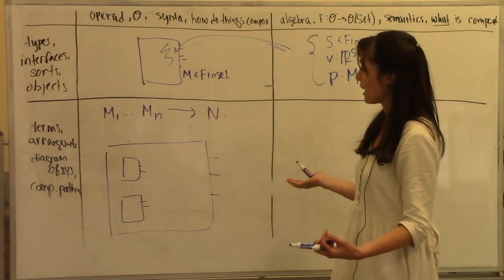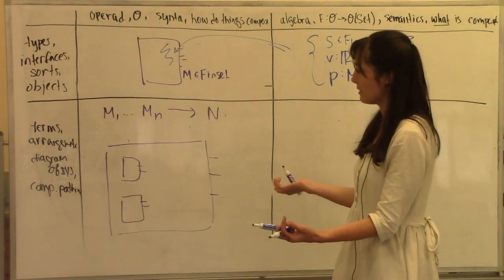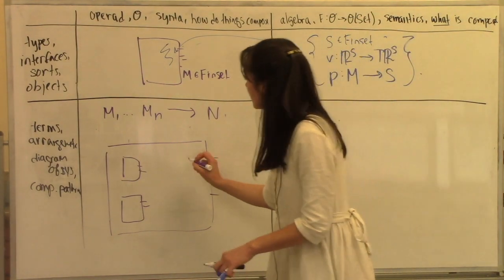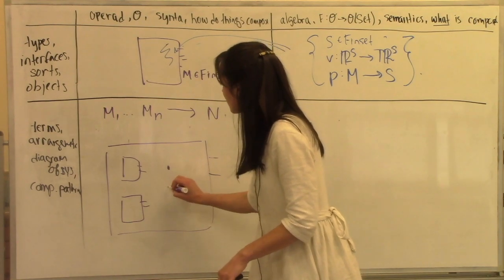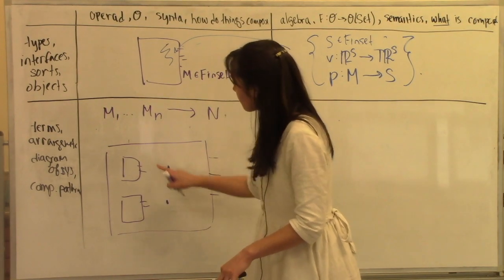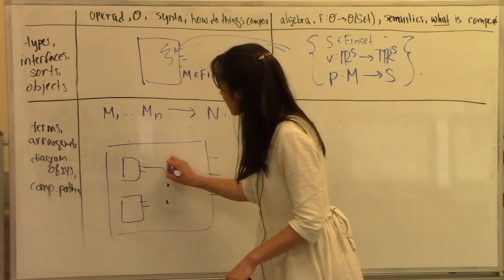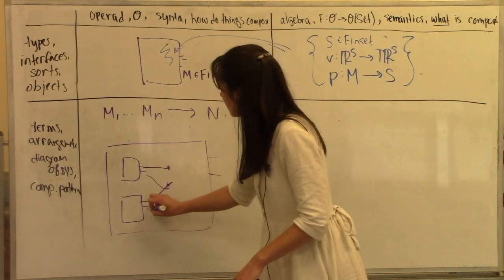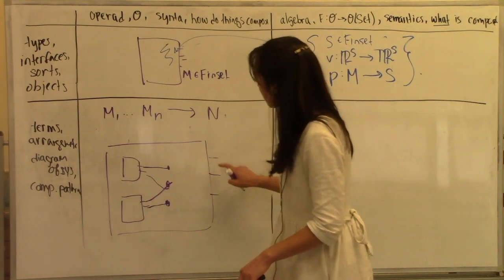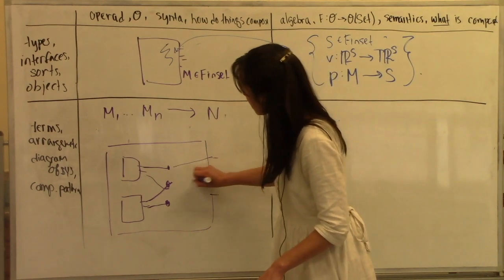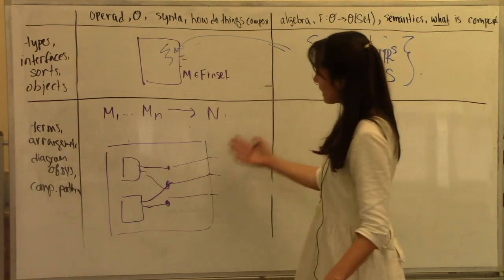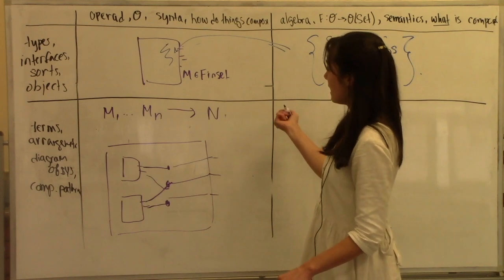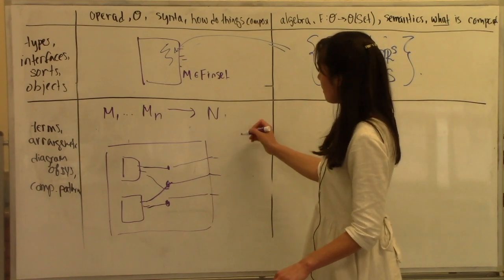What are the rules for how to define an arrangement of these? The rule is I'm going to give you some junctions. For each of these inner ports, I'm going to assign them to a junction. And each of the outer ports, I'm also going to assign to a junction. Mathematically, this is a diagram of finite sets.